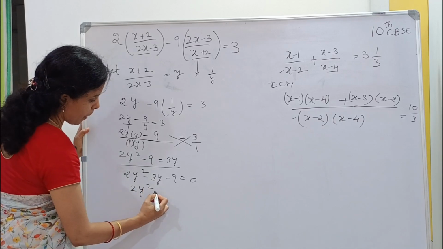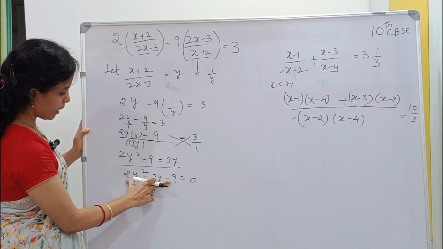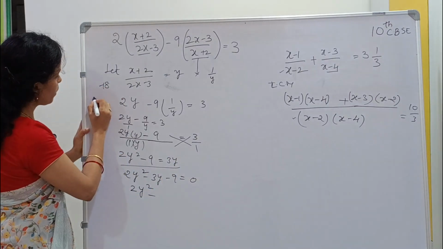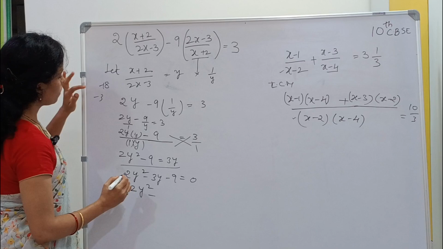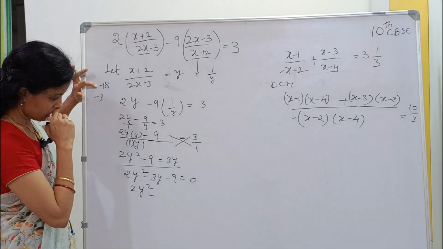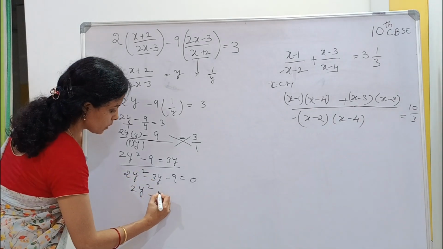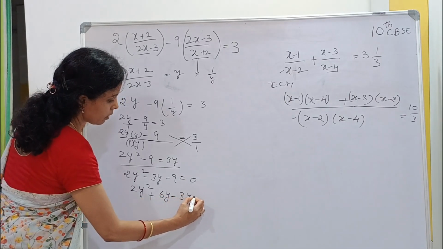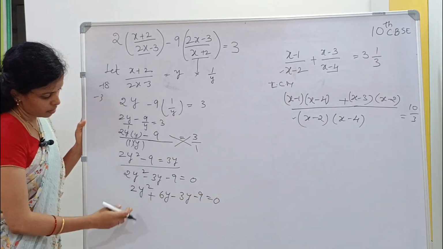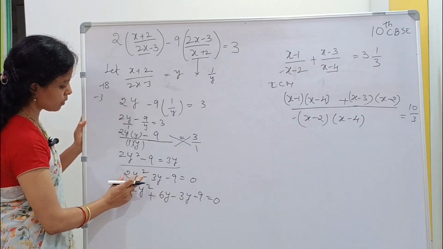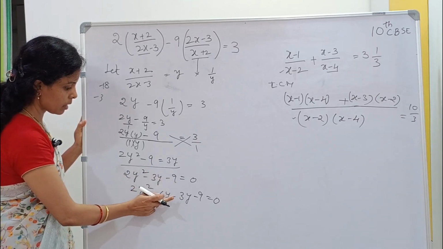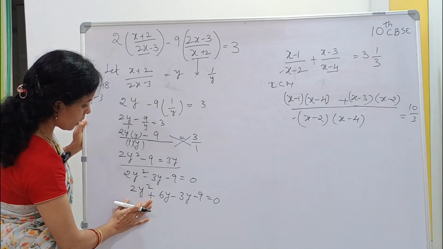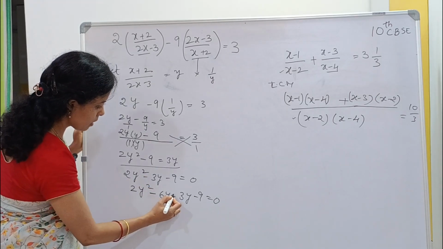2y square minus, when we multiply we have to get 9 2s are 18, minus 18, and when we add minus 3, 6 2s are 12, 6 3s are 18. So 6y minus 3y minus 9, am I right? 2y square, 6 3s are 18, 2 9s are 18, we have minus here, minus 6 minus 3 is minus 3y, so we have to get minus 3y, that means here minus and plus.